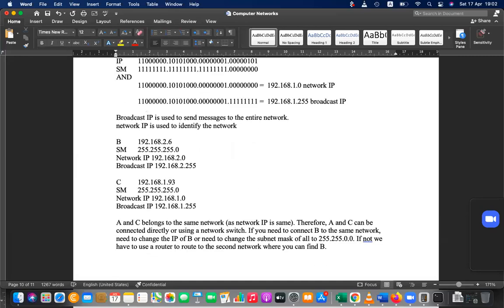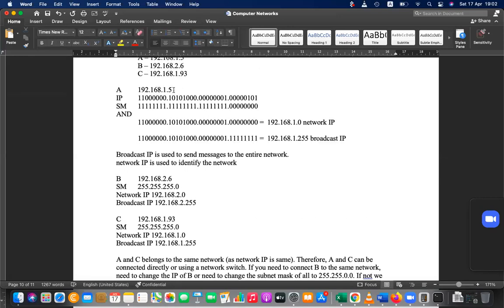One thing is you can change the IP address. Very simple. If you change the IP address to 1.6, this will belong to the same network. So then A, B, C will all three belong to the same network. Or you can change the subnet mask of all to 255.255.0.0. So what will happen?